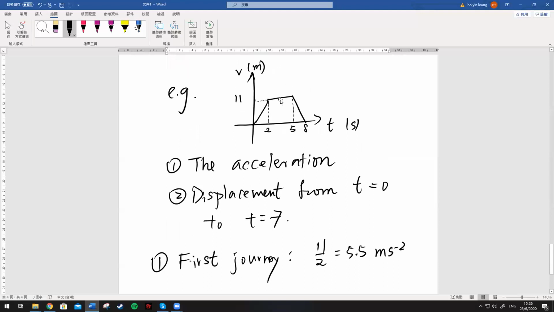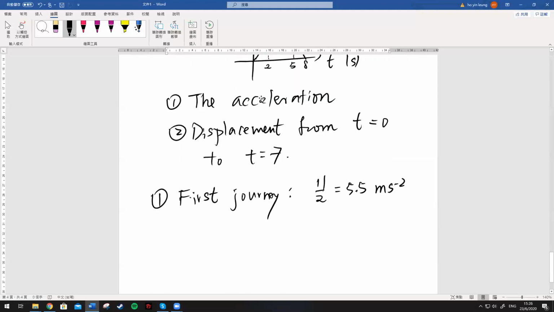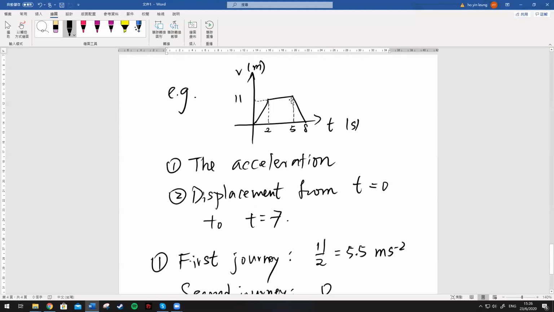For the second journey, because this is horizontal, the acceleration is 0. And for the third journey, the acceleration should be negative because this is a negative gradient.